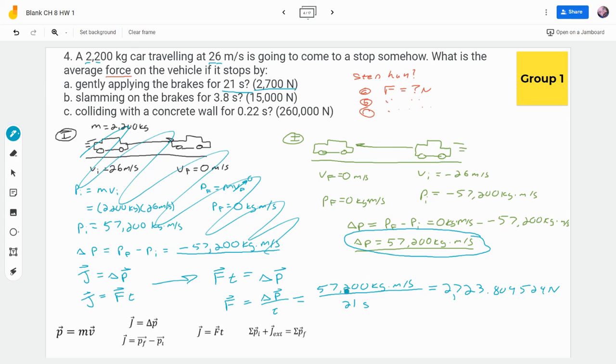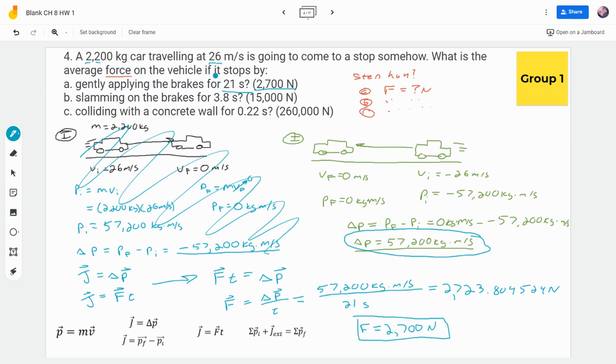So technically, the most correct way to write your final answer should really be 2,700 newtons. Just sig figs and those annoying little rules. We didn't know the mass of the car with greater precision than 2 sig figs. We didn't know the velocity of the car with greater than 2 sig figs of precision. So we can't claim more than 2 in our answer.